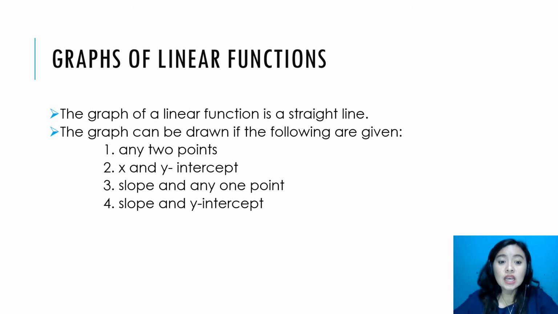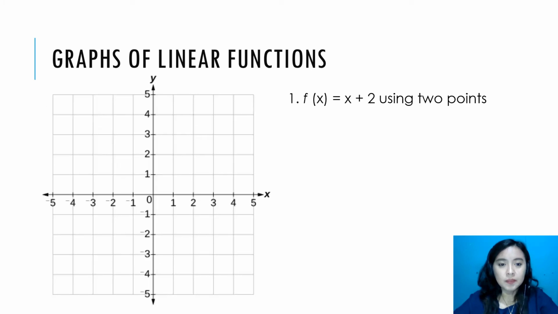And finally, if you are given the slope and the y intercept. So again, this is a very familiar topic kay na-discuss naman ni nato sa tuang previous lessons. So let's go right ahead in graphing some examples para ani na topic.